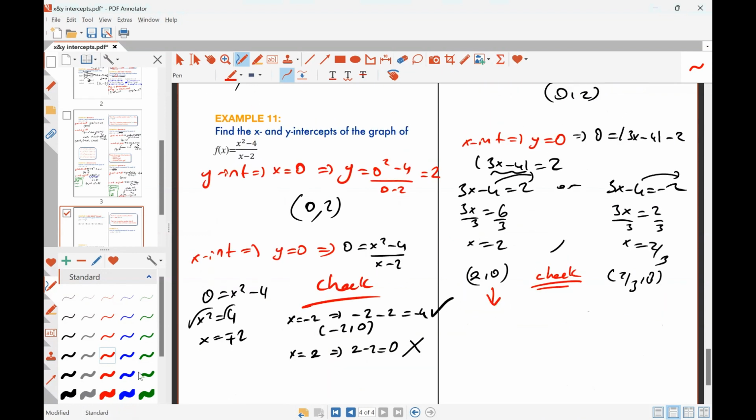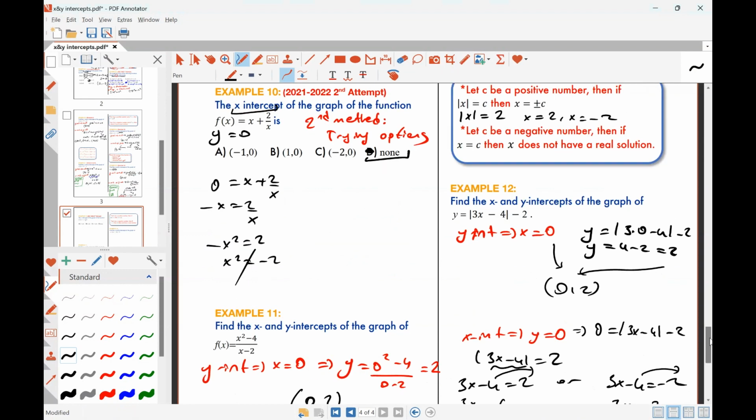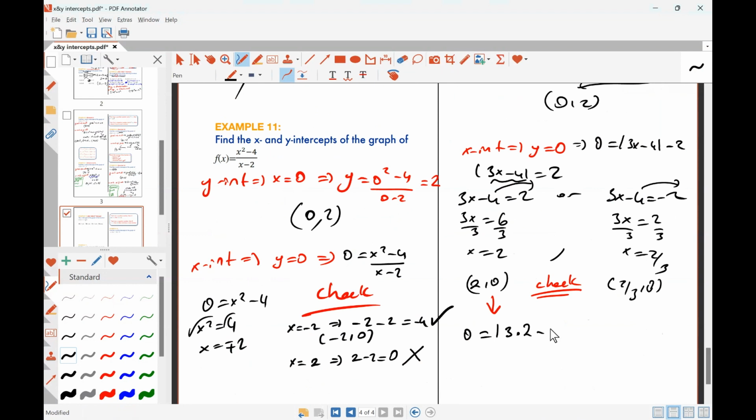When you check it, you let y be 0. 0 equals absolute value 3 by x, which is 2, minus 4 minus 2. So is this true? Is right side equals left side? 3 times 2, 6. 6 minus 4 is 2. 2 minus 2, 0. So that checks. So the first point is true.